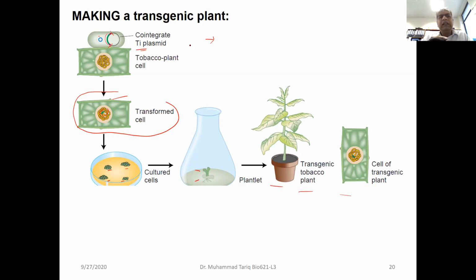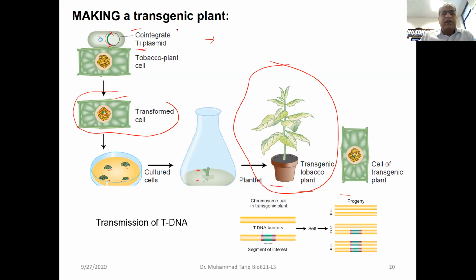For example, you are interested in creating bacterial resistance in plants, or you want to produce viral resistant crops, or herbicide resistant plants. So you will clone those genes, integrate them here, and then you select your transgenic plants. That's the other use of this agrobacterium mediated transformation.